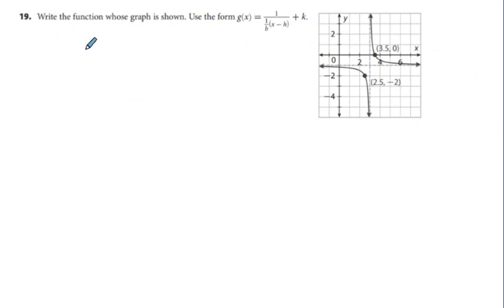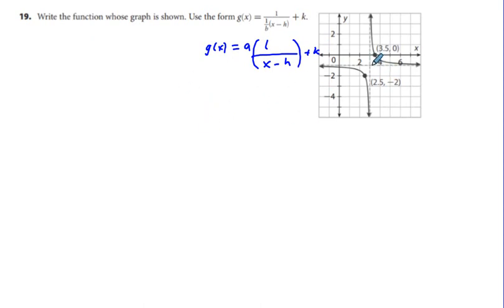Next, 19, write the function whose graph is shown. Use the form g of x equals 1 over b times quantity x minus h plus k. Again, I'm going to use the authority vested in me to have you write this as a times 1 over quantity x minus h plus k. So let's look at it that way.